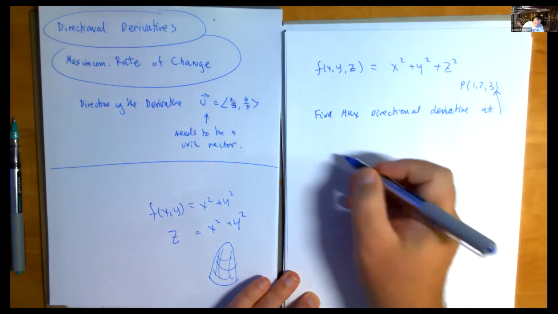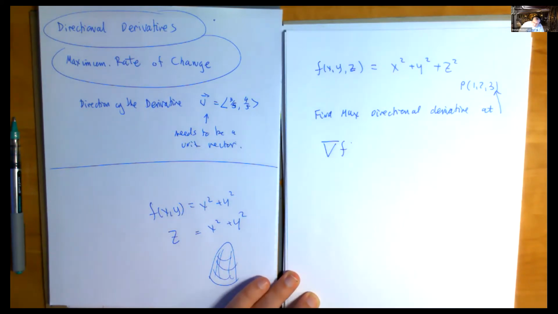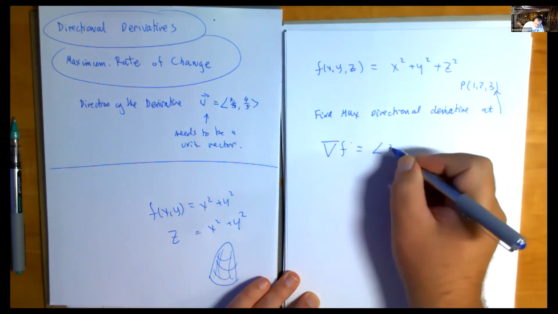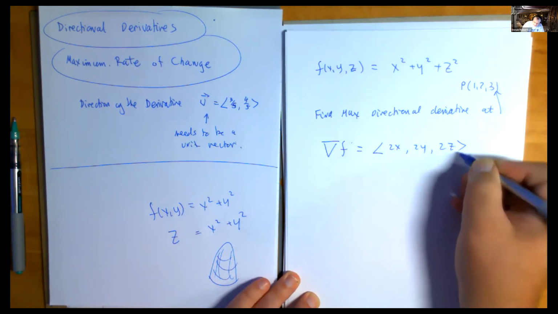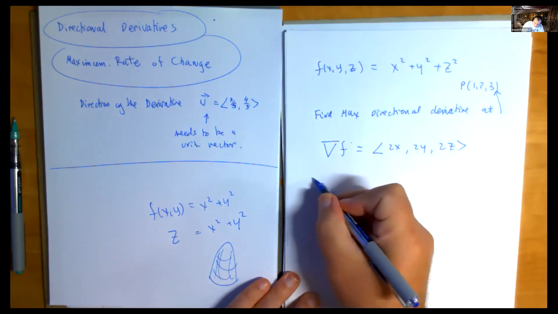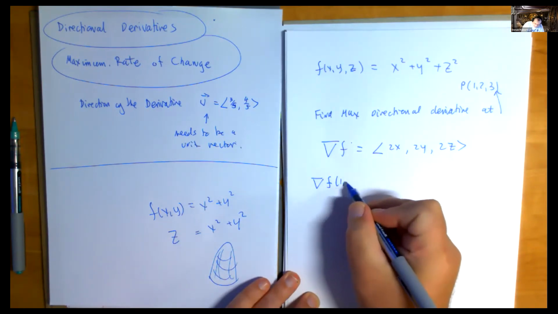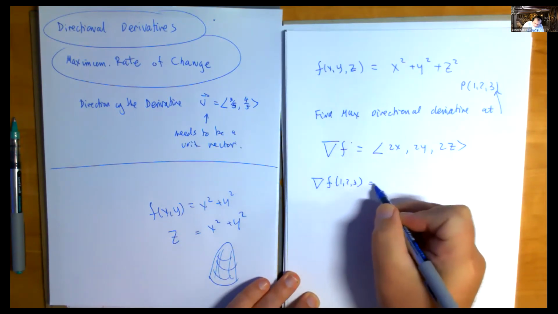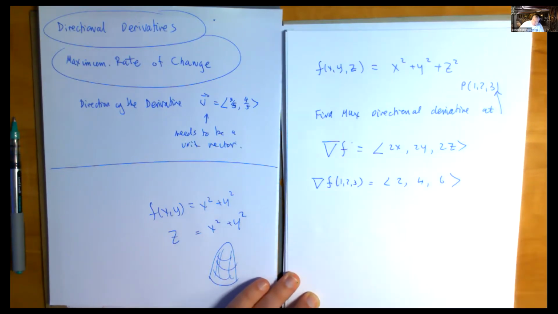Well, in this case, you find the gradient: (2x, 2y, 2z). I'm making my life easy. The gradient vector at the point (1, 2, 3) is 2 lots of 1, 2 lots of 2, 2 lots of 3.